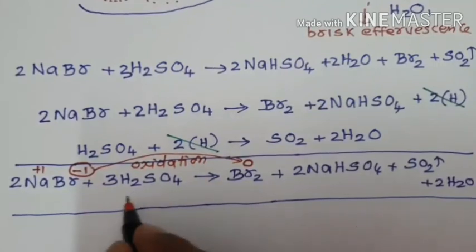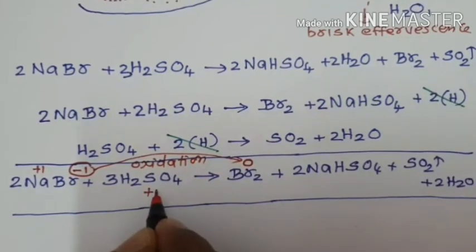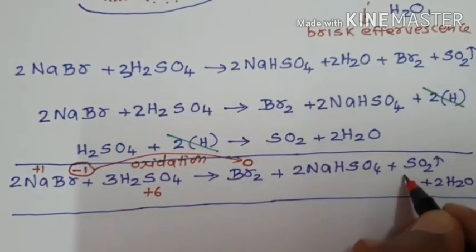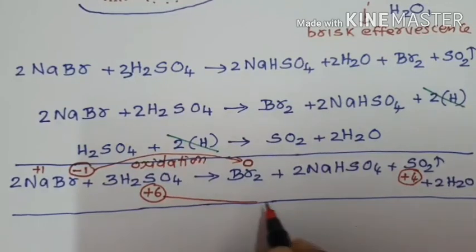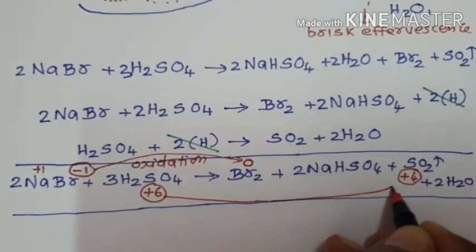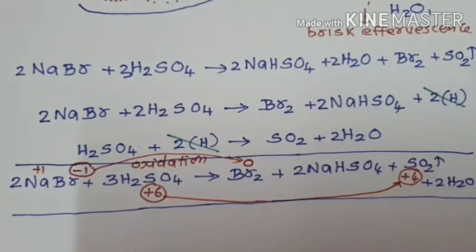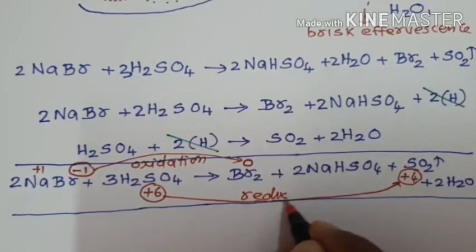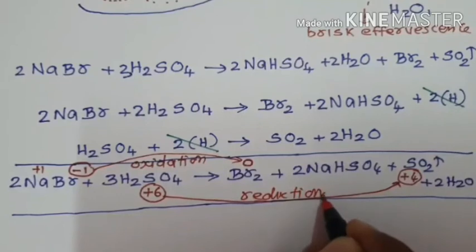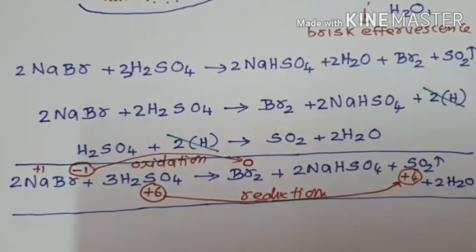In sulfuric acid, the sulfur oxidation state is plus 6. In sulfur dioxide, sulfur oxidation state is plus 4. When you move from left to right, the oxidation number decreases, therefore it is called reduction. Sulfuric acid in this reaction is used as an oxidizing agent which oxidizes sodium bromide into bromine.